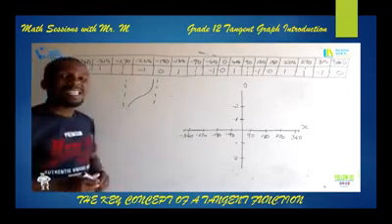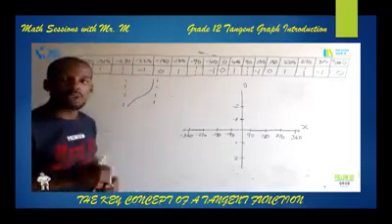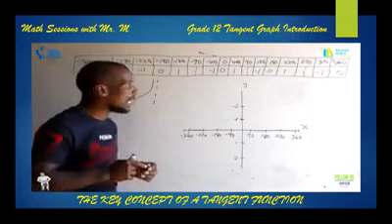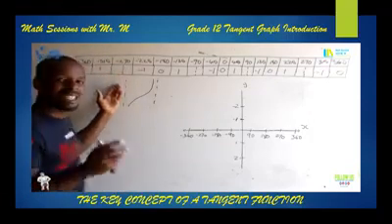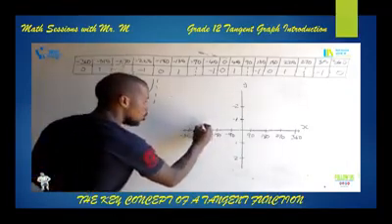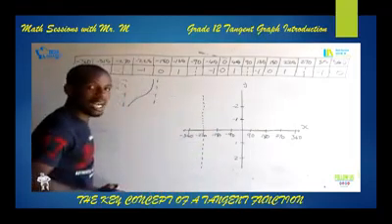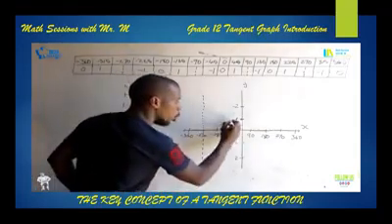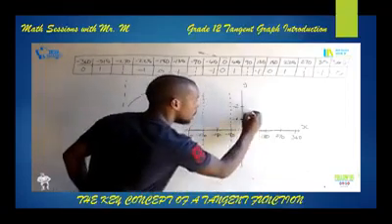So, number one, something that is different in a tangent graph is the asymptote. Where you press your calculator, for example, tan 270 degrees, it will give you an undefined answer. So that is where you draw your dotted lines. And at 90, you'll have those dotted lines also there.